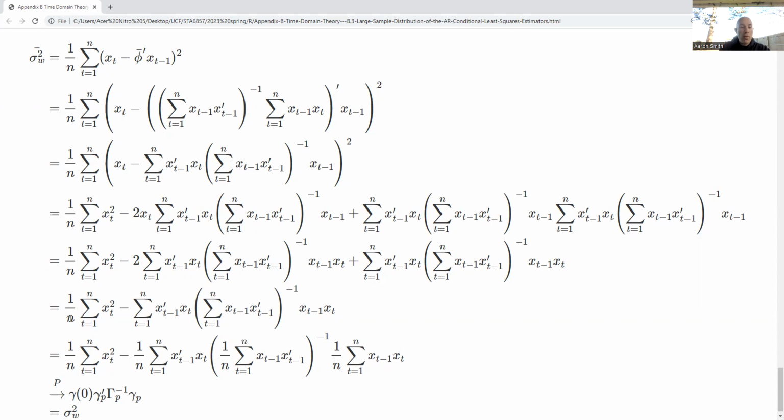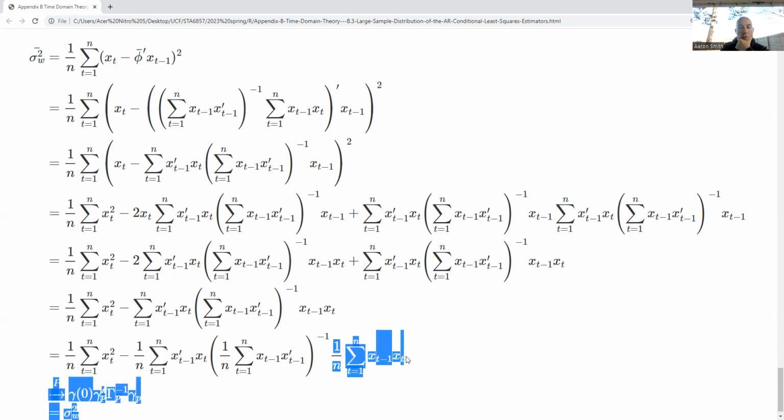All right, so now when I do that, notice that there's a 1 over n. So now I have all these 1 over n's floating around, and I've got stuff that looks pretty good. I've got this here, and I realize that this is going to converge to this.